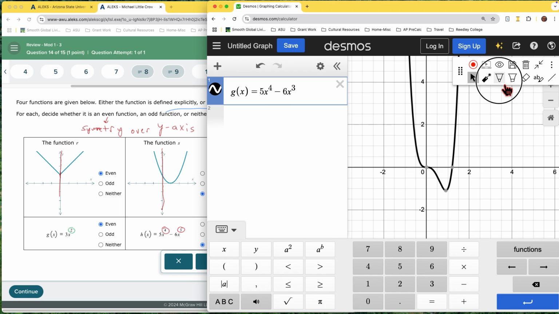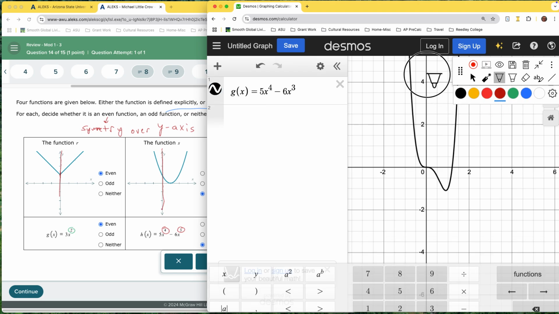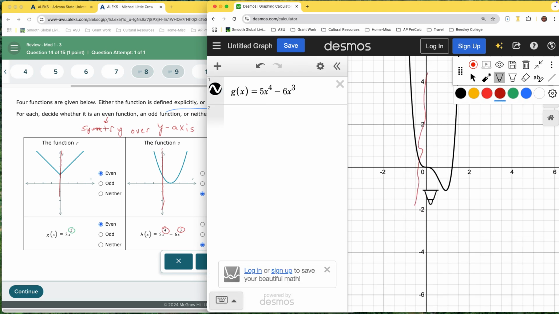And then we could just kind of verify this again here. Use their line tool. Just go from here. For the y-axis, it is not symmetric on both sides.